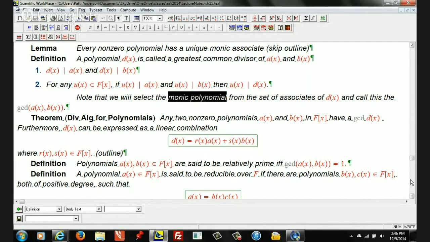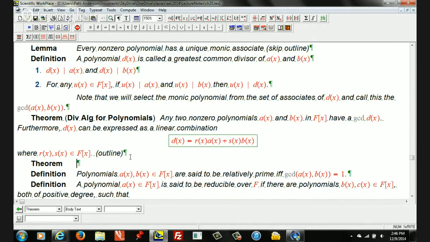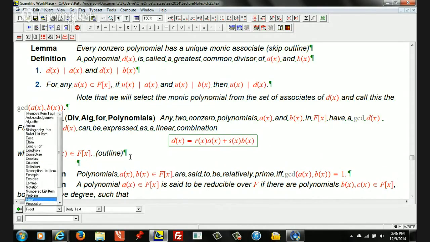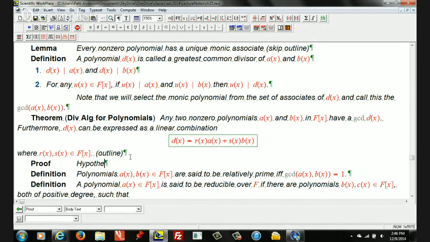So our division algorithm says any two non-zero polynomials a and b in F of x have a greatest common divisor. And furthermore, the greatest common divisor can be expressed as a linear combination. So let's actually prove this one, or at least outline it. What's the hypothesis? You have two non-zero polynomials.